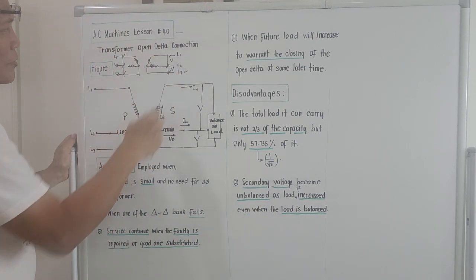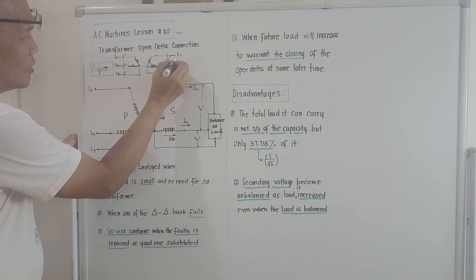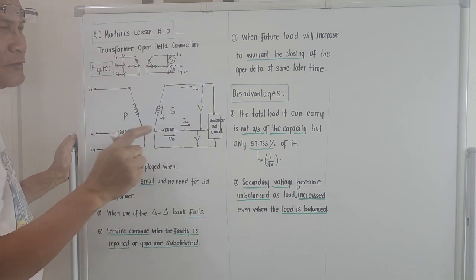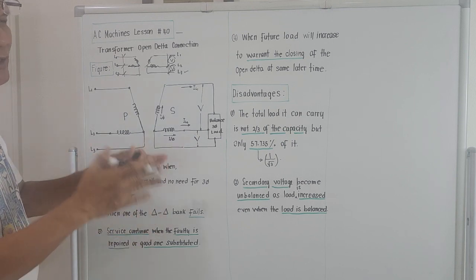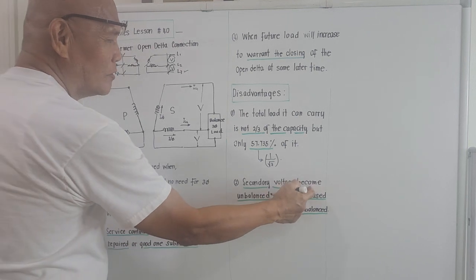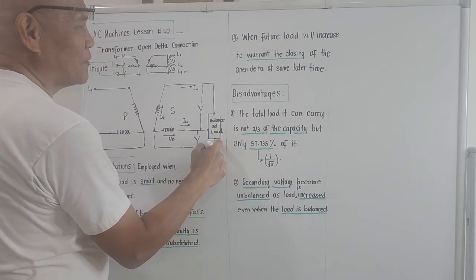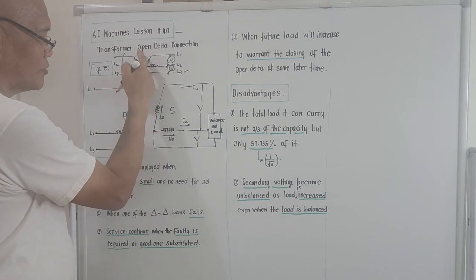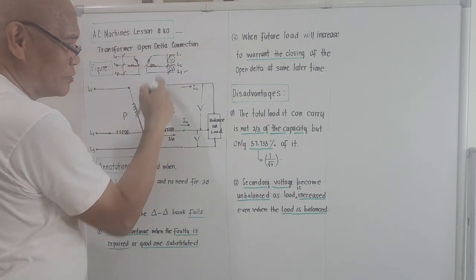With this type of connection, these voltages here, B and B here, will not be equal. They tend to become at a different value as the load is increased or even for a balanced three-phase load. So that's actually the disadvantage of an open delta connection.